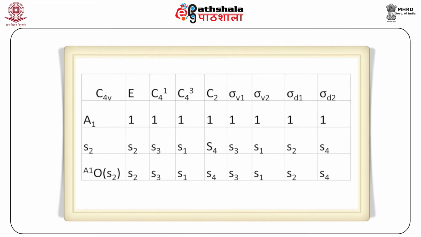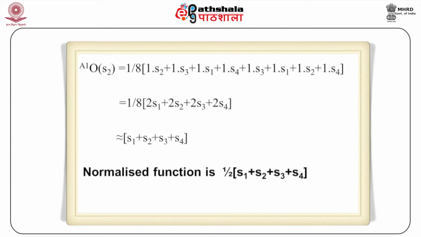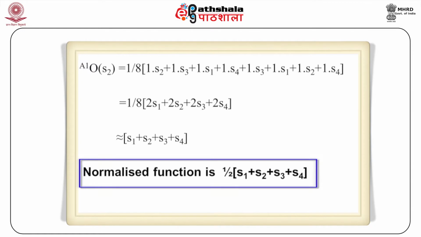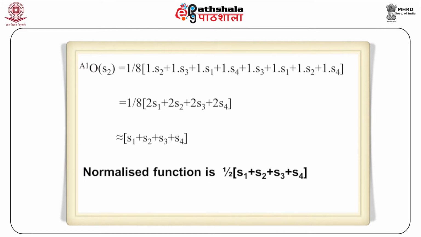One row shows how S2 transforms, and the last row shows A1 on S2. So, the net result of A1 on S2 is equal to S1 plus S2 plus S3 plus S4. The normalized function is 1 upon 2 S1 plus S2 plus S3 plus S4. This is the same result as we have obtained in equation 1.